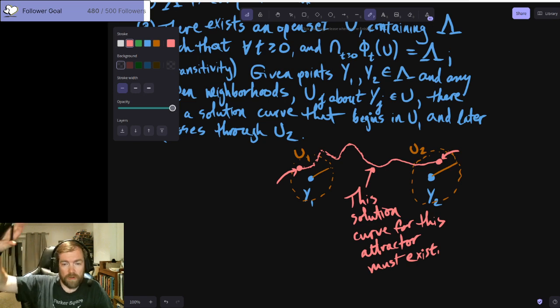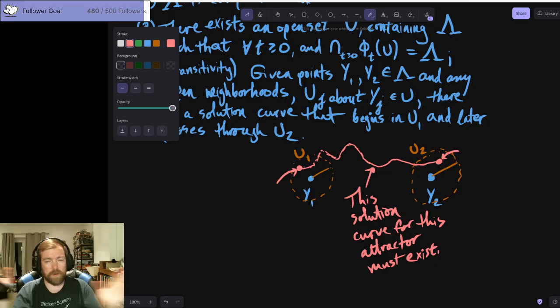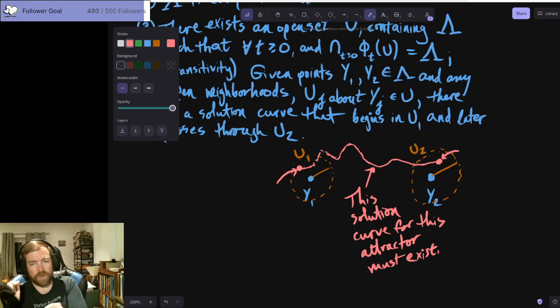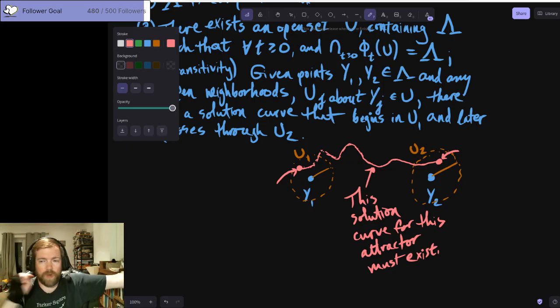So for all neighborhoods surrounding Y1, no matter how big or small, if we have an attractor, then we can start somewhere within a neighborhood around Y1, and we must eventually get to within the other neighborhood around Y2. That's what this is saying. And they're open neighborhoods, so you can't land on the perimeter of it. You have to land somewhere in the middle.